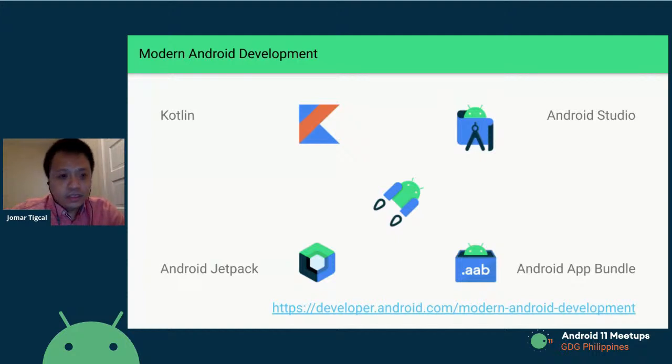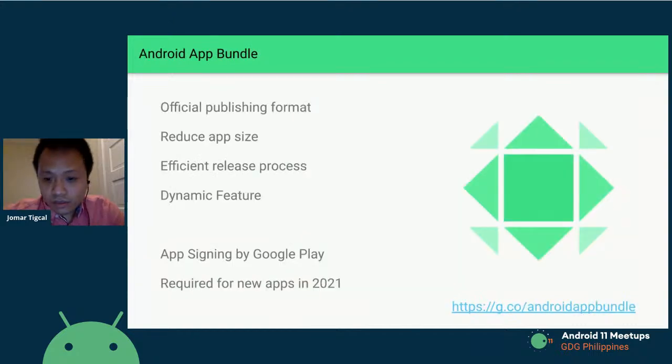So let's start with Android App Bundle. Android App Bundle is the official publishing format now. So instead of the APK, like we used to, we just need to enroll in app signing on Google Play, and then we will be uploading just this single app bundle.